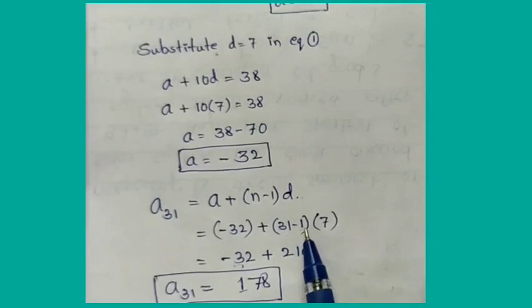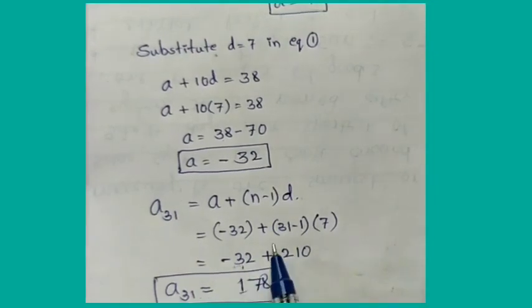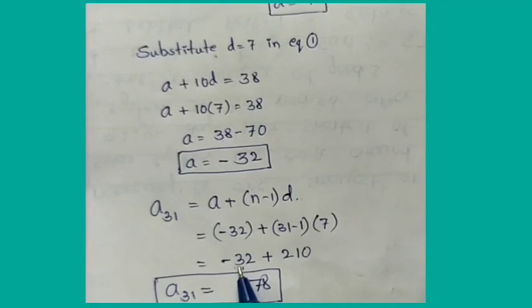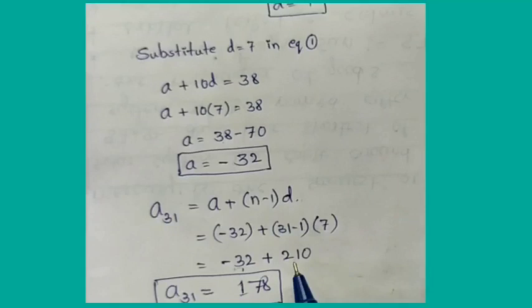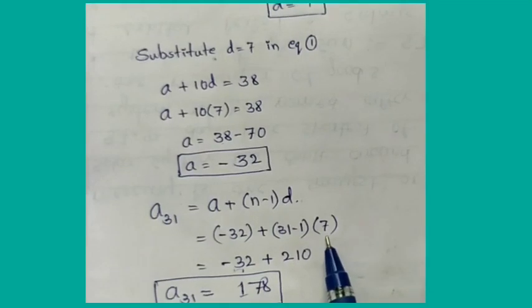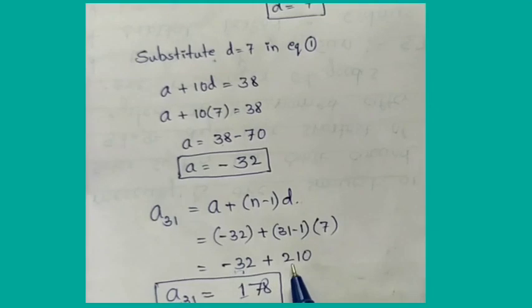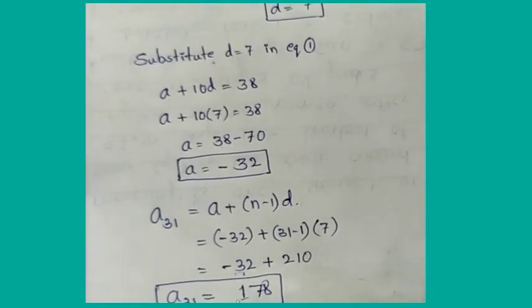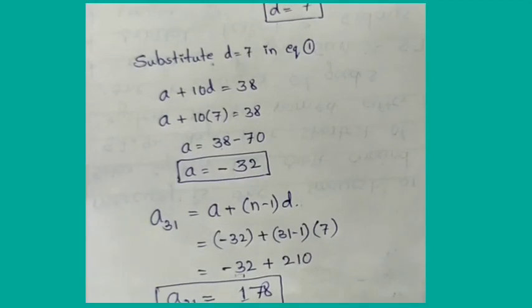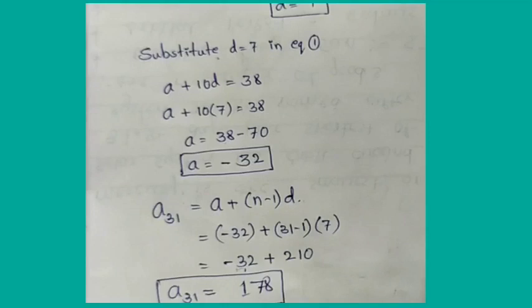So 31 minus 1, and d we got, that is 7. So minus 32 plus 30 into 7, which is 210. So 210 minus 32, or minus 32 plus 210, we will get 178. So our answer is 178.